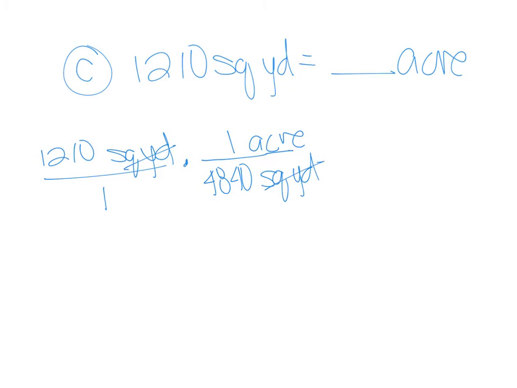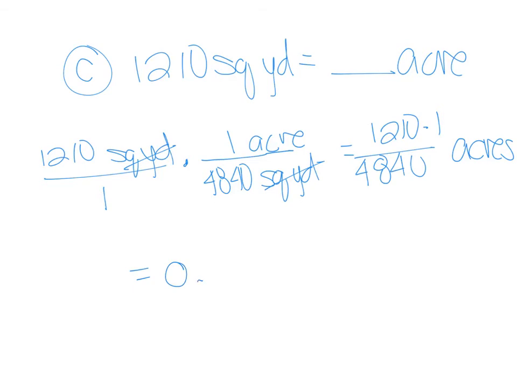Cancel my units. So 1,210 times 1 over 1 times 4,840 is 4,840. We're left with acres. Now I'm going to do division. So remember, it's going to be the 1,210 divided by 4,840. And if you divide that, you should get 0.25 acre.